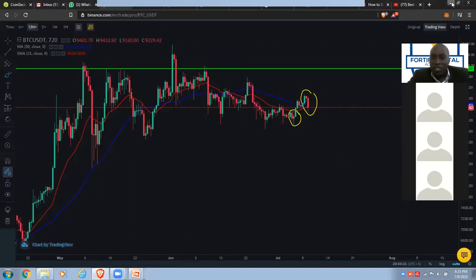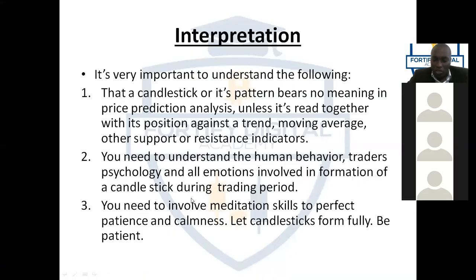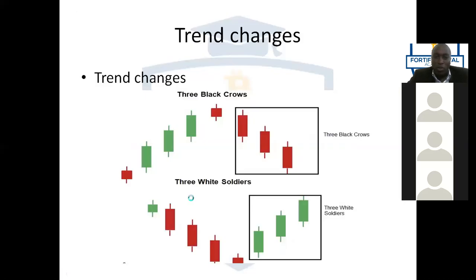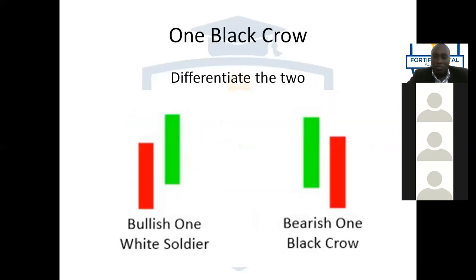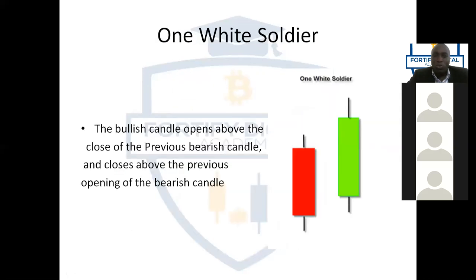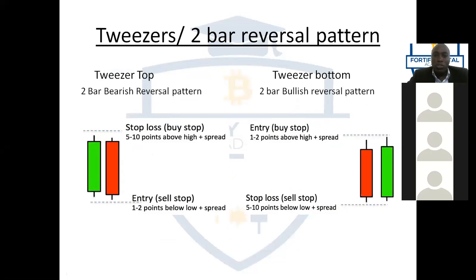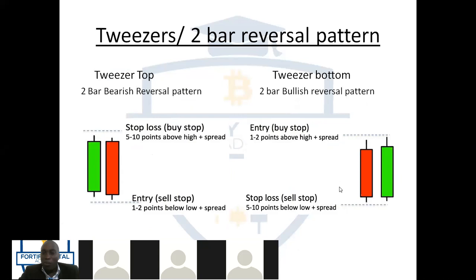Yes. Okay. So she said it's a bottom. And what about now? Can you see what I'm sharing? Tweezer bottom. This is the tweezer top. This is the tweezer bottom. Now, Bridget tells me what she was seeing on the exchange is tweezer bottom.